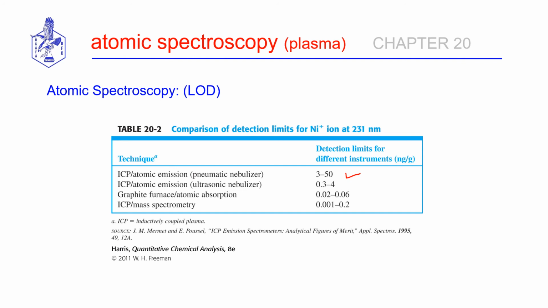If we have an ultrasonic nebulizer, it's just a more sophisticated way of and more efficient atomization. We have lower detection limits. Graphite furnace, once again, don't ever underestimate the capacity for graphite furnace to have low detection limits. For nickel, much better. And the best is ICP mass spectrometry, in which we get down to much lower detection limits.